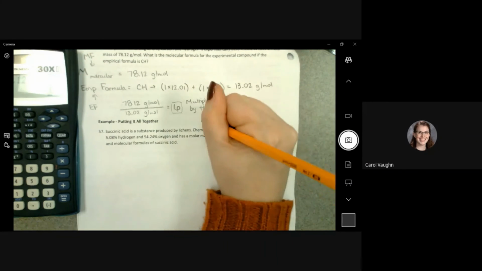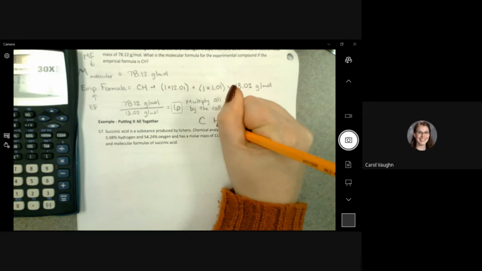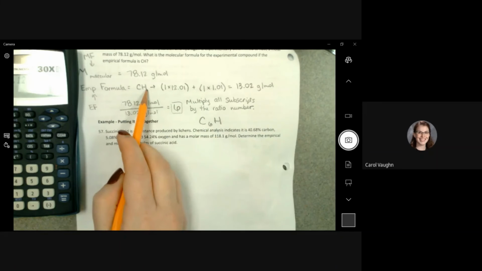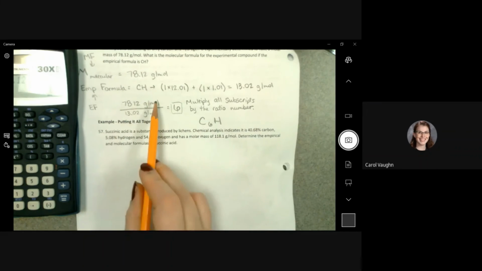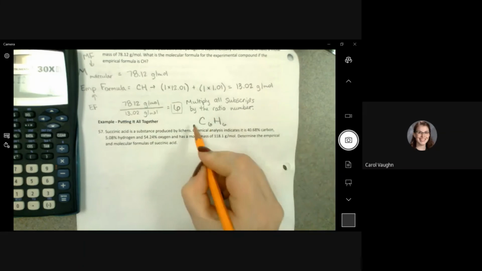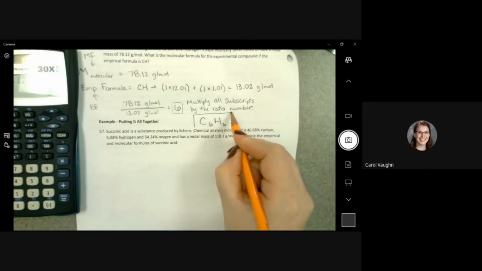So we're going to rewrite our elements because they don't change, but we are going to change the subscript. What was my subscript before? 1. So if I take 1 times 6, I'm going to get 6. Same thing for hydrogen. My subscript was 1. So I take 1 times 6, and I'm going to get 6. So that means my molecular formula of this compound is C6H6.